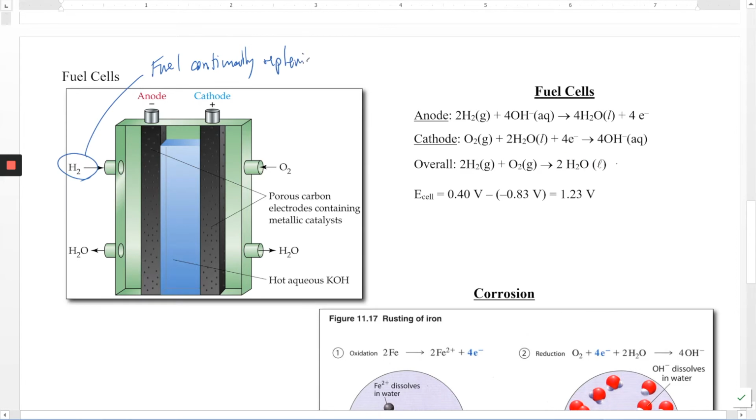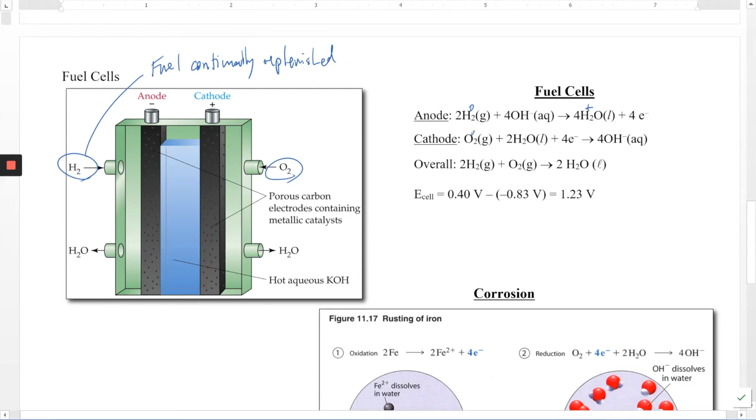And so you'd have some storage of hydrogen, and the hydrogen would be fed into the fuel cell. And the hydrogen then gets oxidized to water, and that's at the anode. At the cathode, we pull in oxygen from the air. So in this respect, it's no different from other combustion engines in which we're using oxygen from the air as the oxidant.